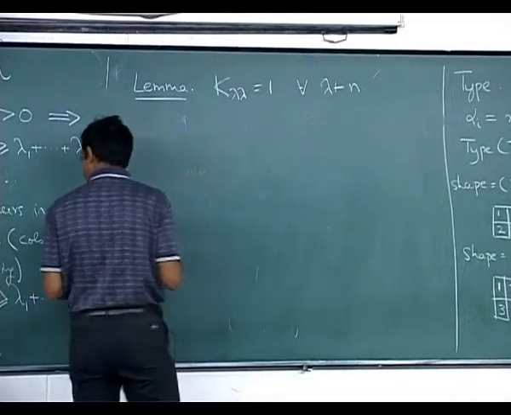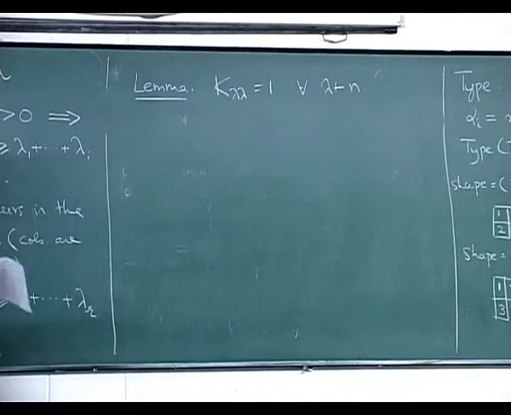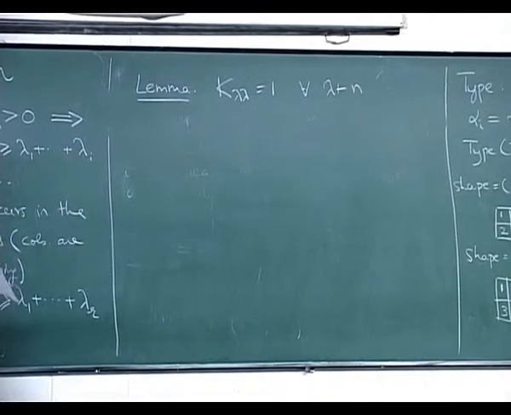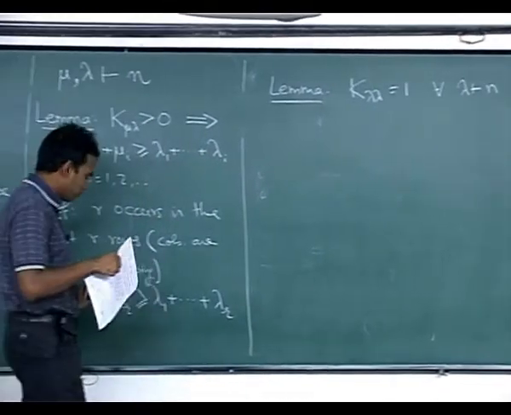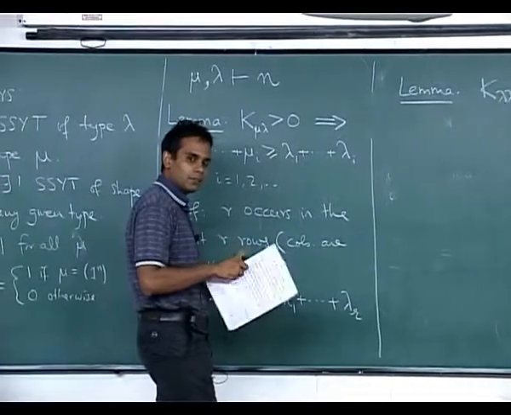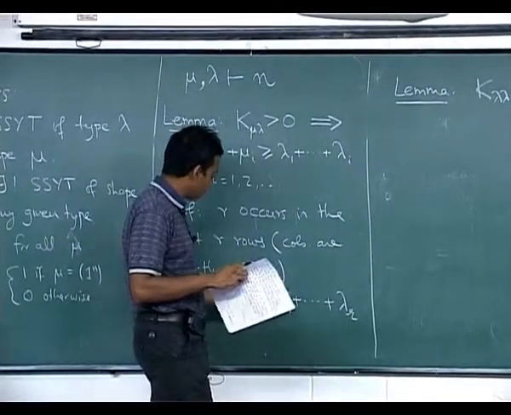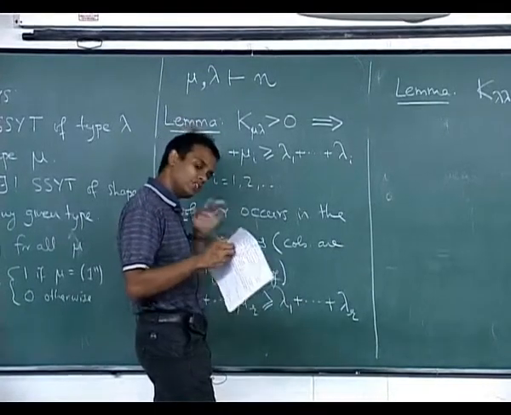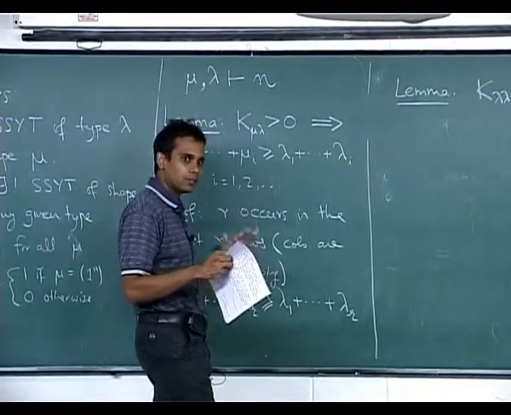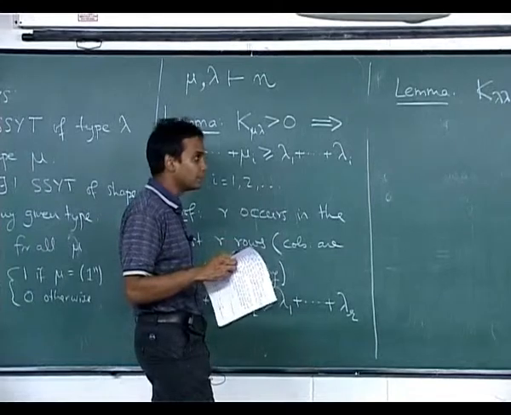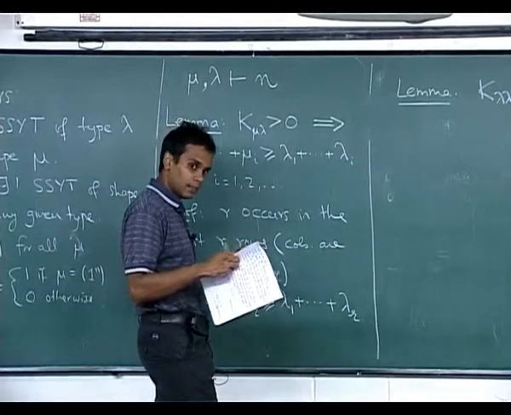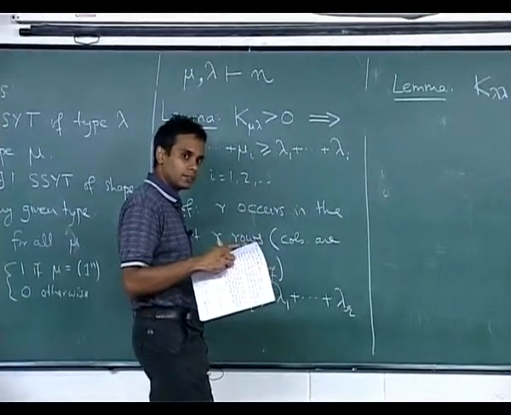But what this reasoning says is that all the numbers 1 up to r must go in the first r rows. Now, if lambda and mu are equal, then there is just enough room for the numbers 1 to r in the first r rows, which means that no number other than the numbers 1 to r occur in the first r rows.